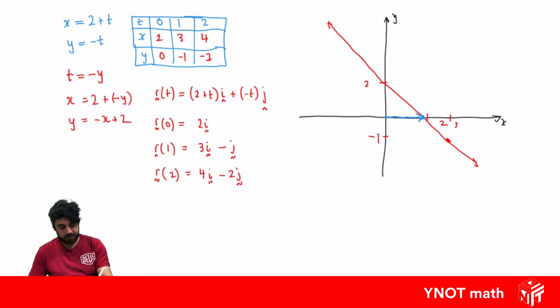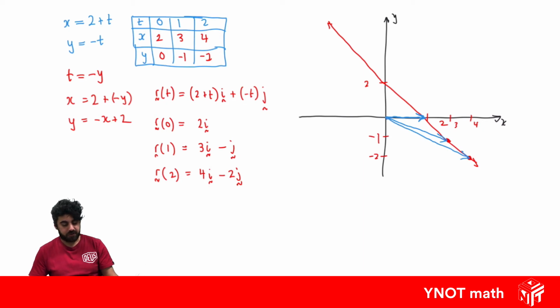And the vector describing 3i minus j is this. Then we end up with 4i minus 2j. So 4 be about here, minus 2 about here. We end up with this point here, and the vector describing 4i minus 2j gives us this.